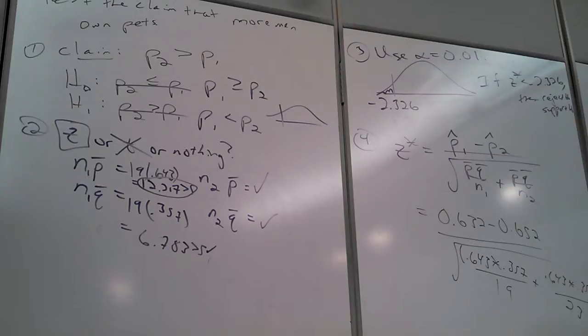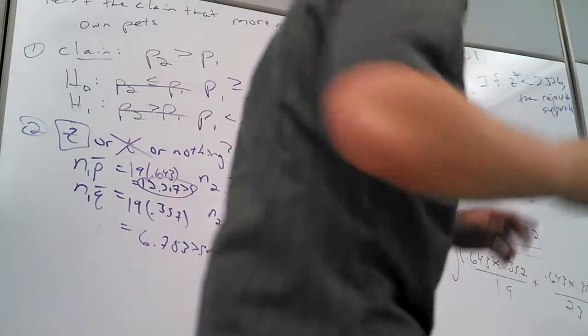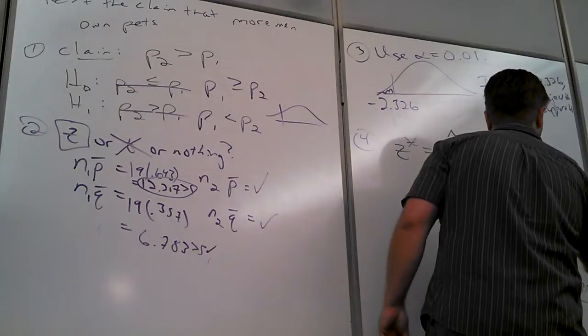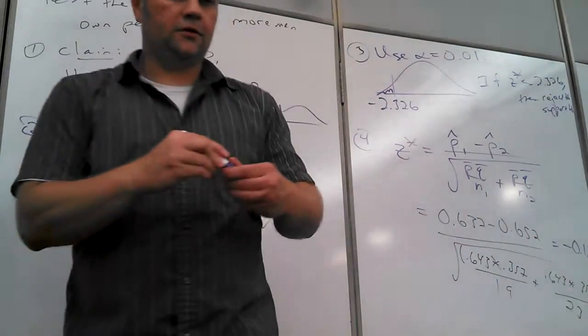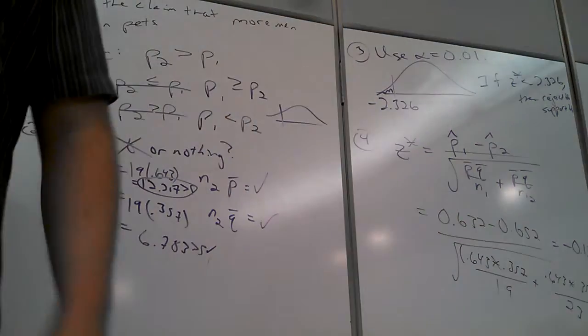This is what I got. 148. Got one now? Yes, sir. So if it's negative 0.135, we rejected the H1. So like 0.135 or something. Yeah, all right.